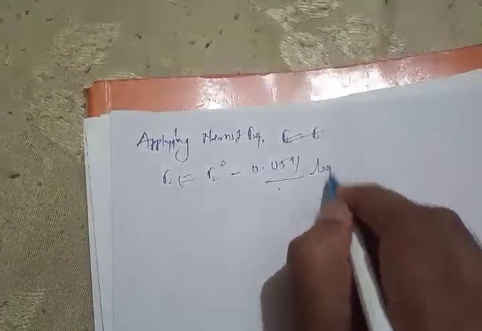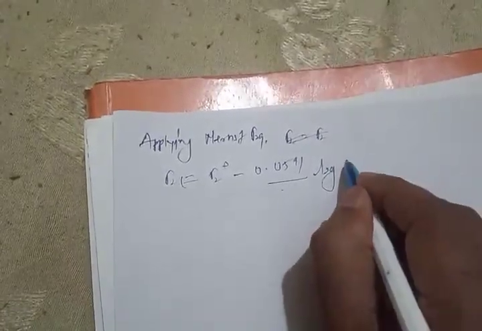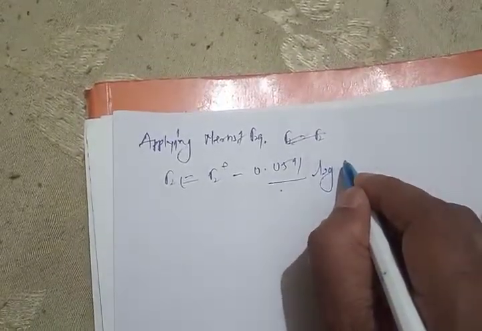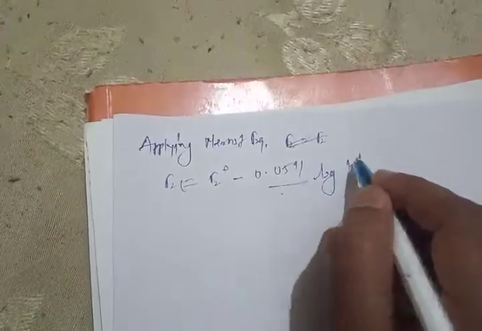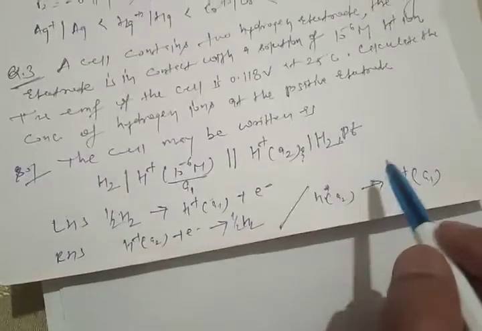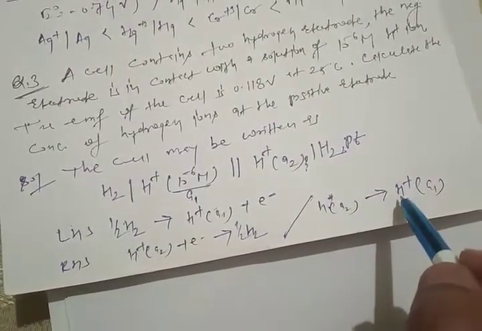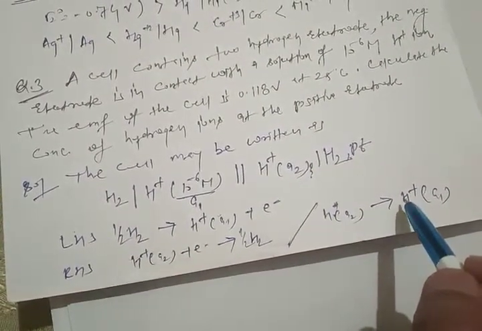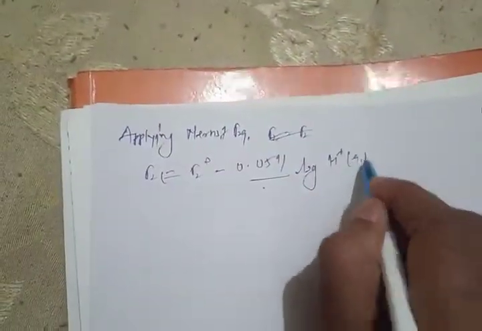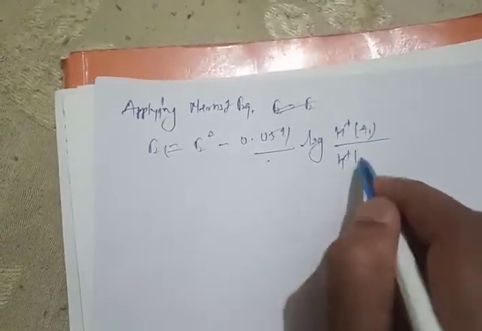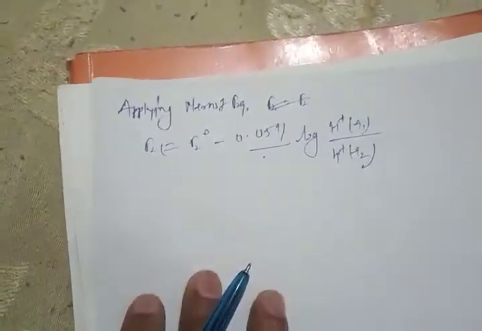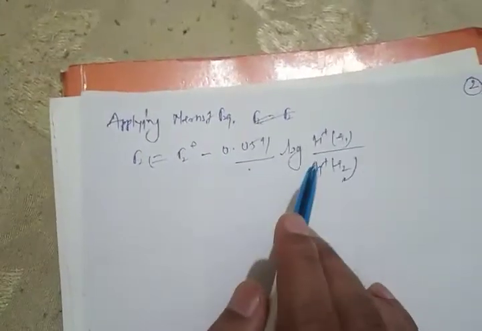And log of H plus A1 upon H plus A2, as I told you. So here I am writing H plus A1 and H plus A2. This is very important to understand.